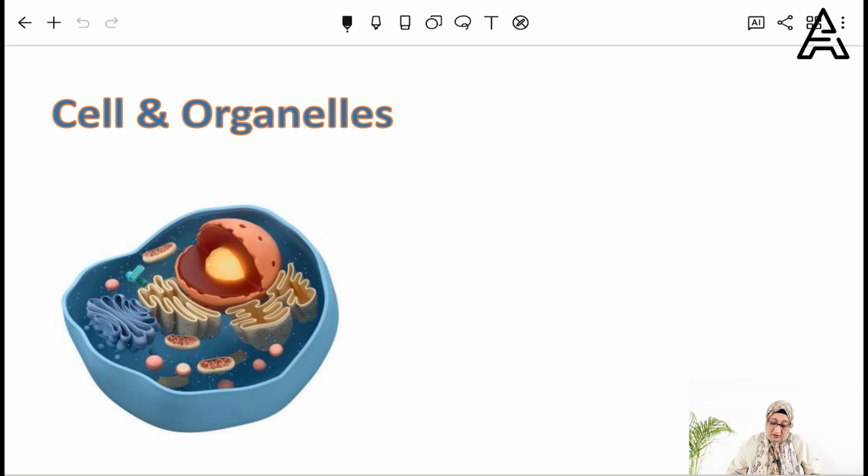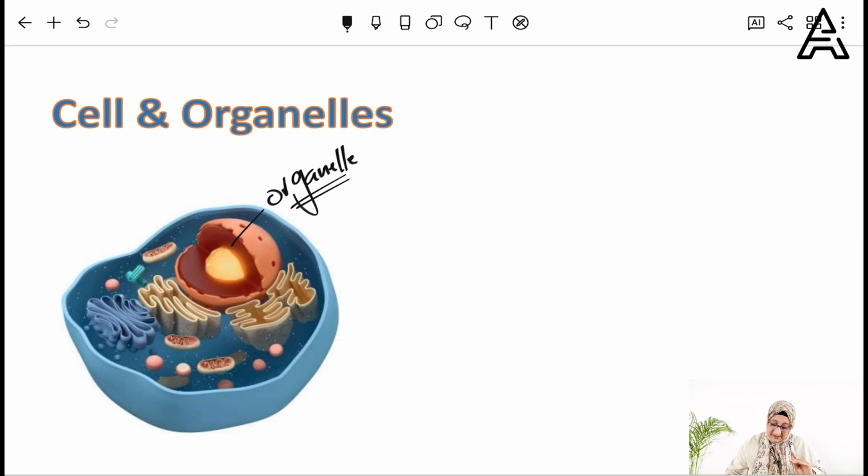Let's talk about the levels of organization. What we talked about in the cell is parts of the cell. Each part of the cell we call an organelle. The nucleus organelle, the ribosome organelle, the mitochondria organelle, the cell membrane, the cytoplasm, each one is called an organelle.